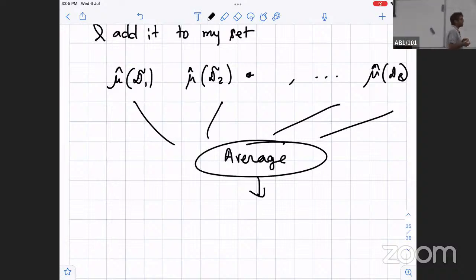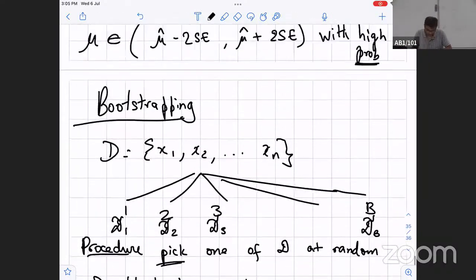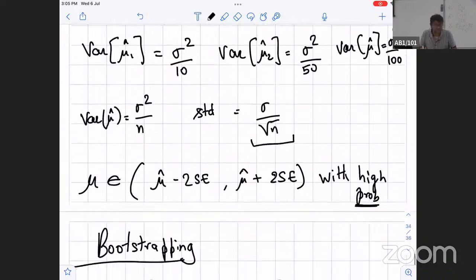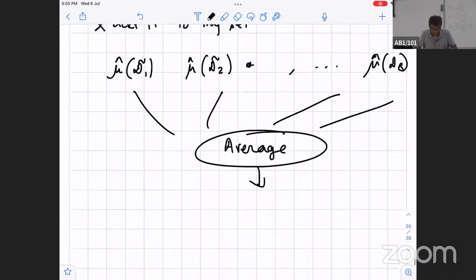By doing this, you are able to get the same effect as you would have got if you had actually independent data. Why is having that better? Because when you have more data, you have lower variance. So this is the idea of bootstrapping.